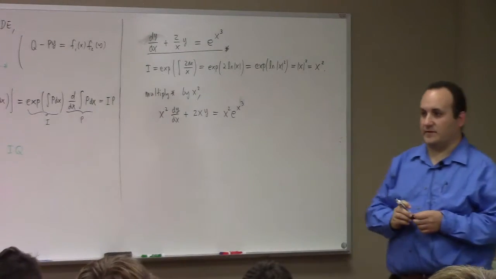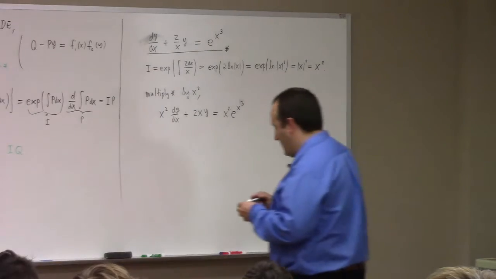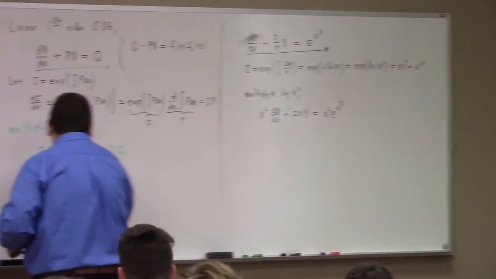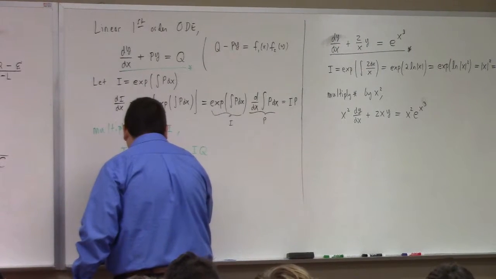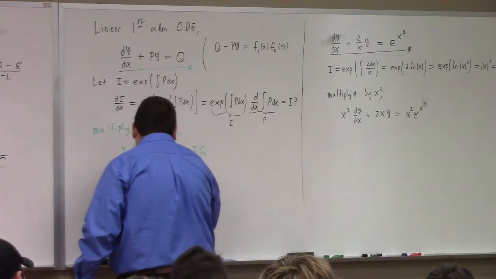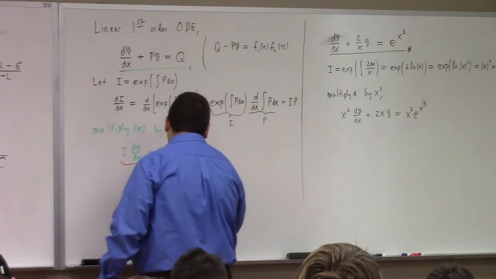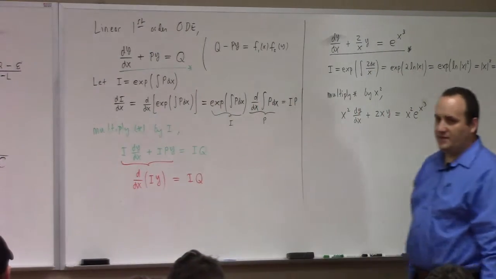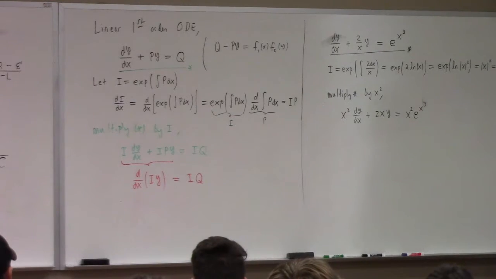Something magical has happened, right? It happens over here too, though. Check it out. This is precisely the derivative with respect to x of the integrating factor times y. See, because IP is the derivative of I with respect to x.